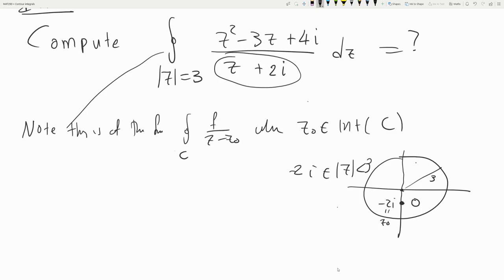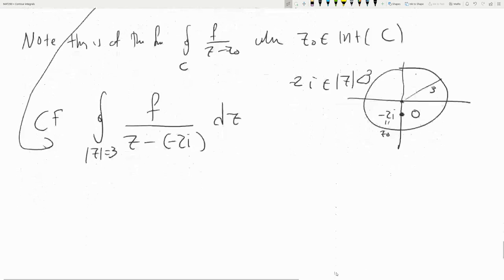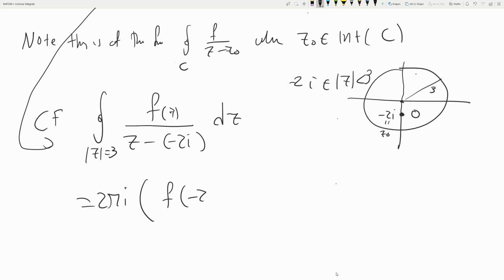All right. So let's use Cauchy integral formula. So we have this f, and then we have minus 2i. So yeah, we have 2 pi i times f of minus 2i. That's the Cauchy integral formula.